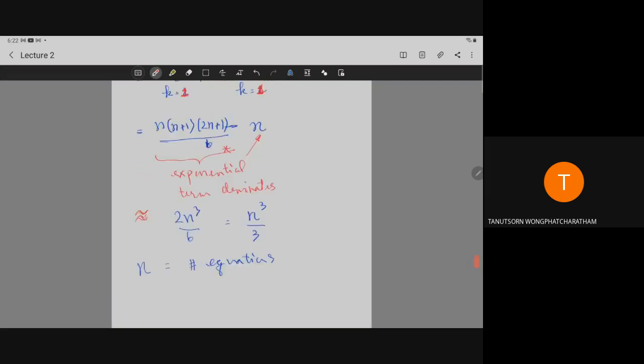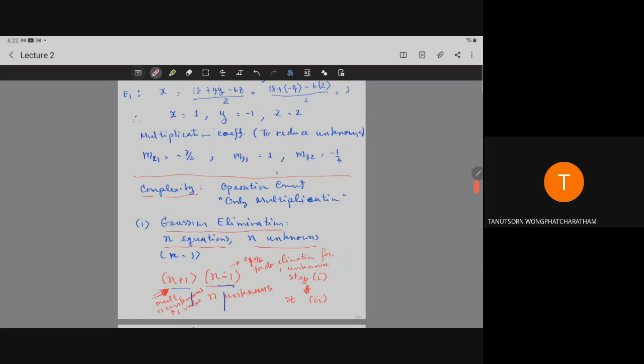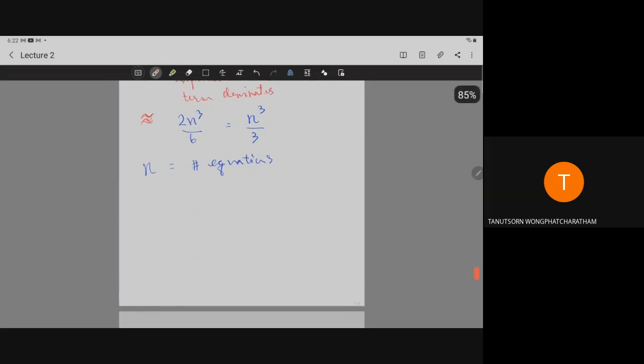And then the next step is the complexity for the substitution. So I put 2. So next is the complexity for the substitution part.